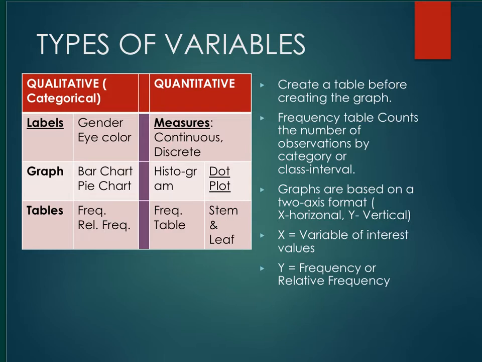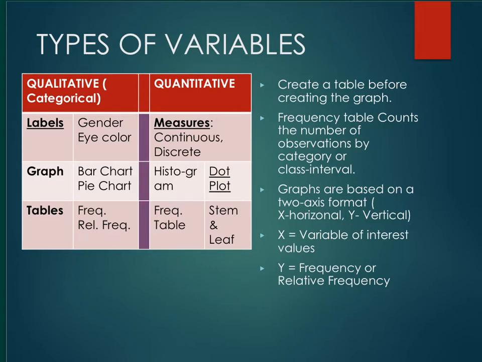For quantitative variables in this chapter, we're going to look at continuous or discrete types of variables. Continuous variables might be temperature or pressure, height, weight. Discrete variables may include age, which usually only has an integer number associated with it.